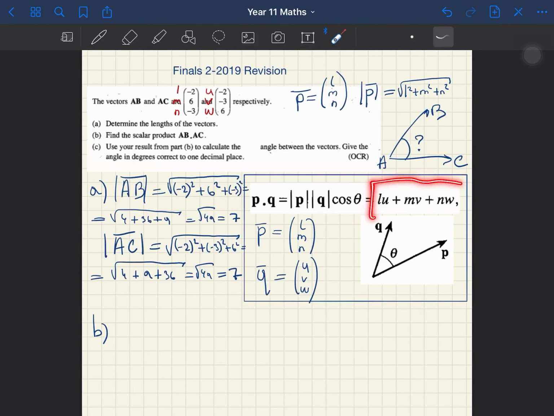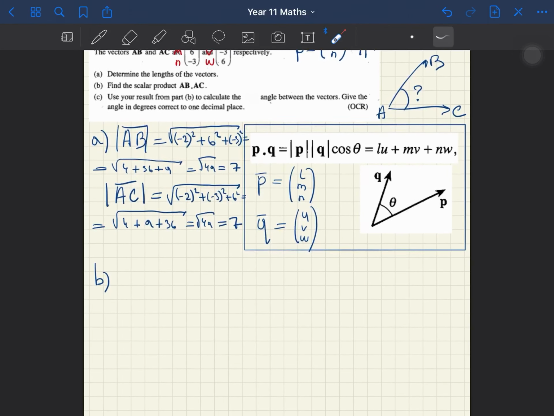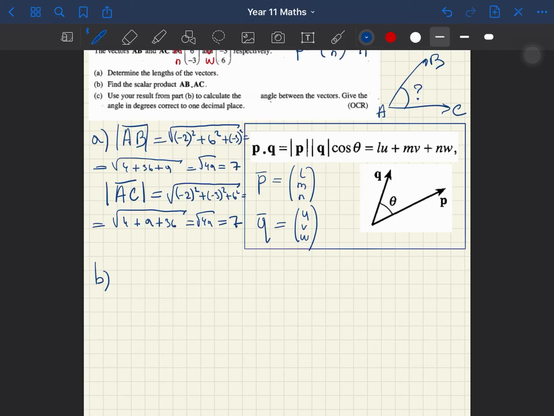So we have to use the second formula, LU plus MV plus NW. Here I already marked: this is our L, this is our M, and this is U. This is V and this is W finally. Let's get it done, ladies and gentlemen.